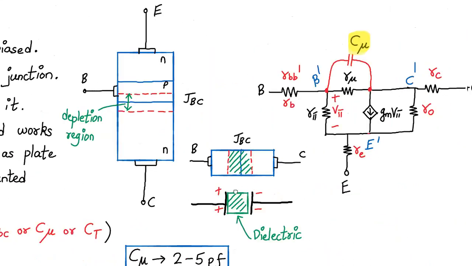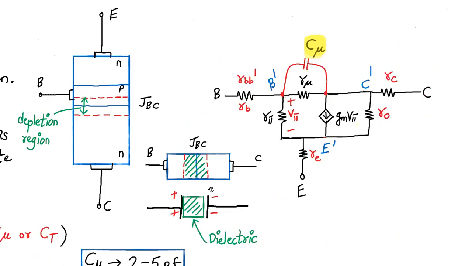And why is it so? Because when we change the voltage across the base and collector, that is a reverse bias, the depletion region width will increase and decrease, and that will eventually change the charges. We know that the capacitance formula is dq by dv. If there is a change in the voltage, there will be a change in the charge, and that will represent the capacitance, right?